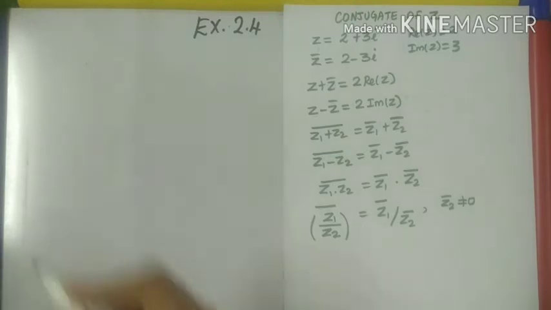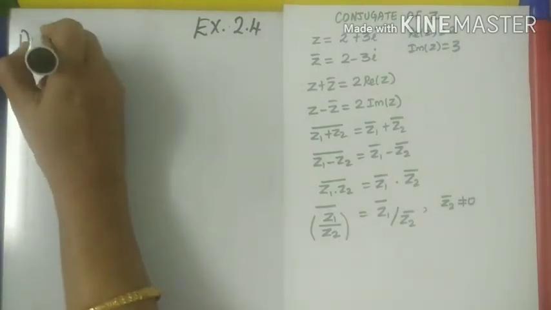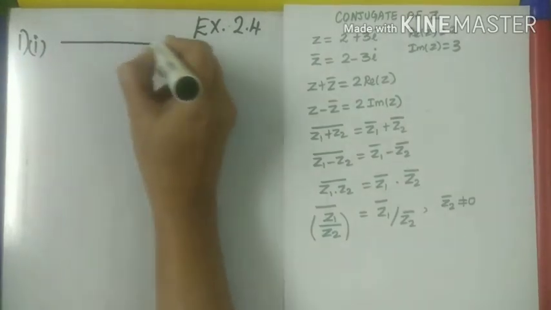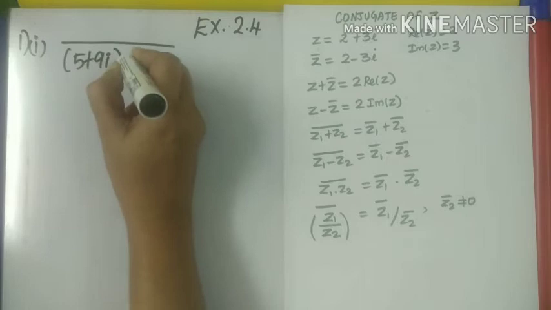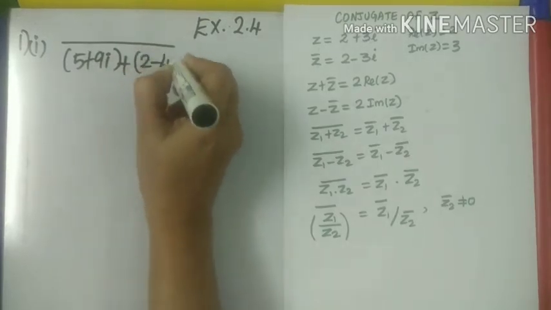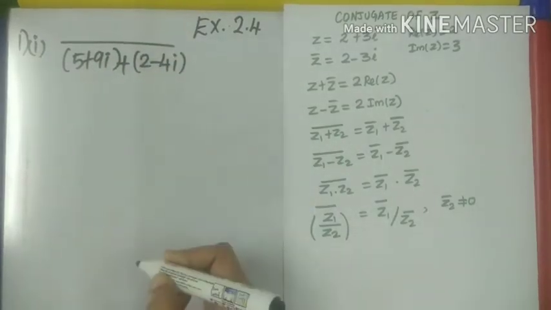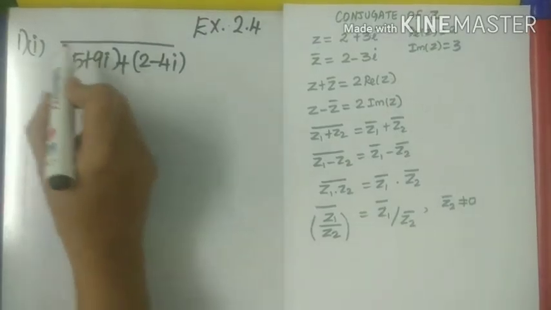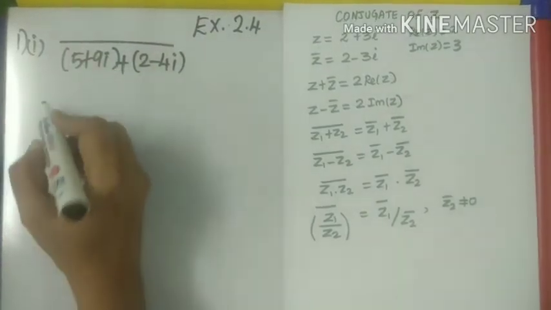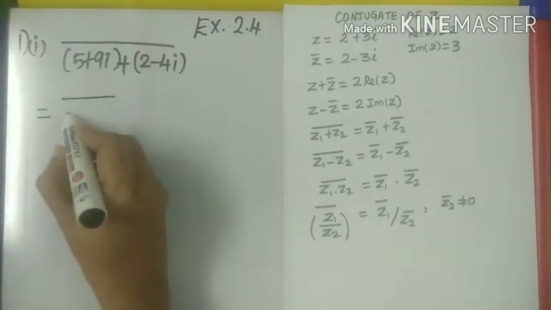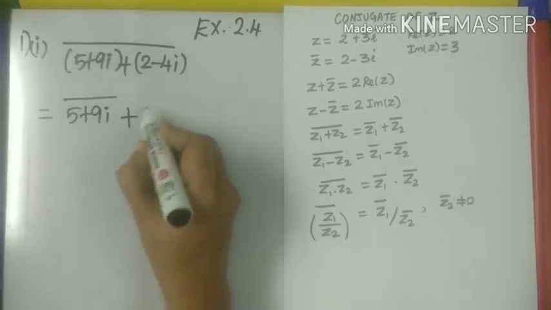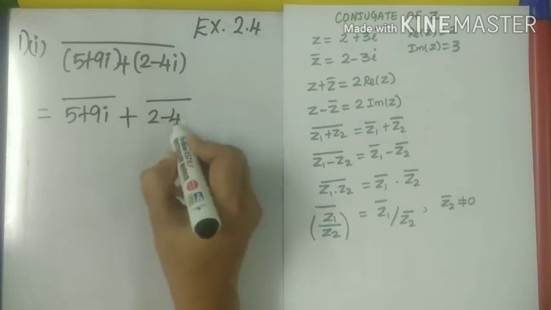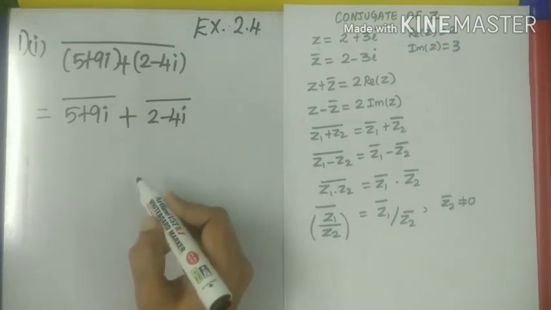Exercise 2.4, question number 1. The whole bar of 5 plus 9i plus 2 minus 4i. Now what did we learn? Bar splits for plus symbol. So this is equal to conjugate of 5 plus 9i plus conjugate of 2 minus 4i.